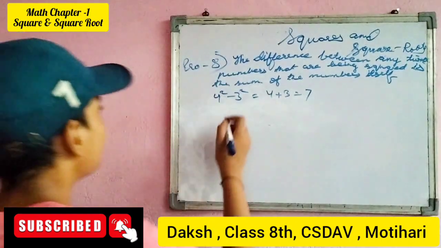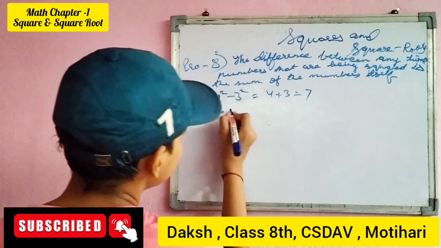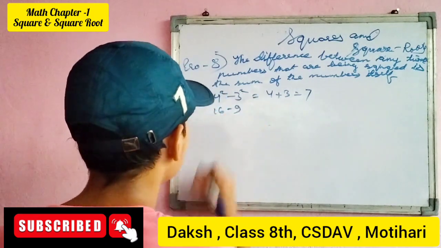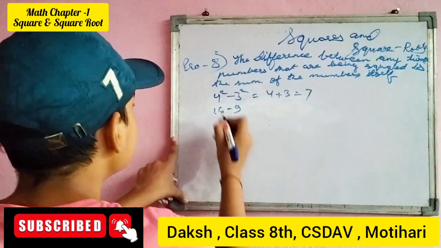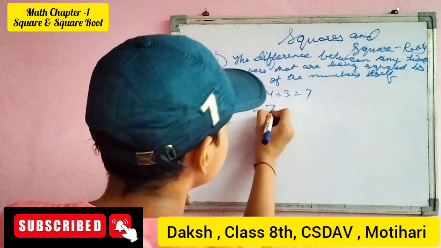We can prove it: 4 square equals 16, 3 square equals 9, 16 minus 9 equals 7.